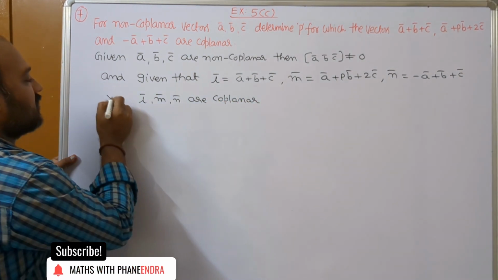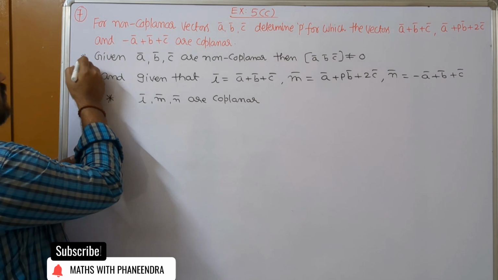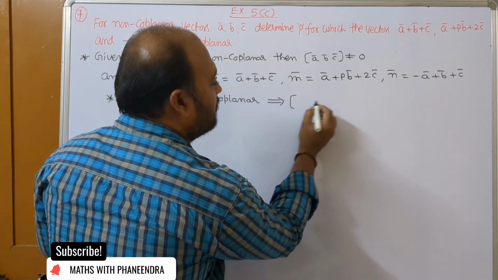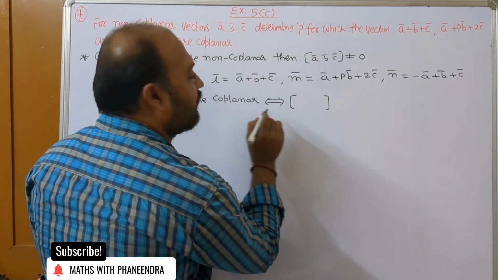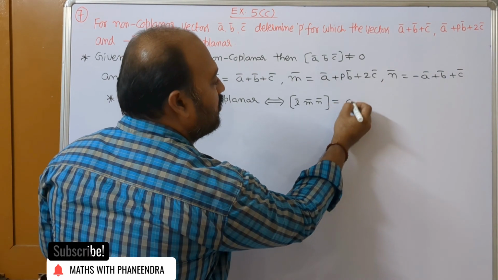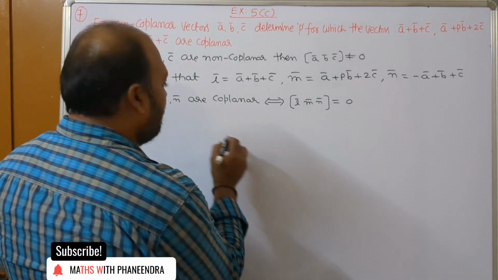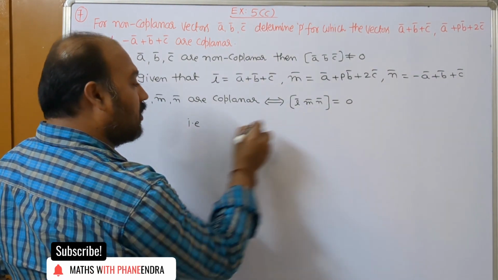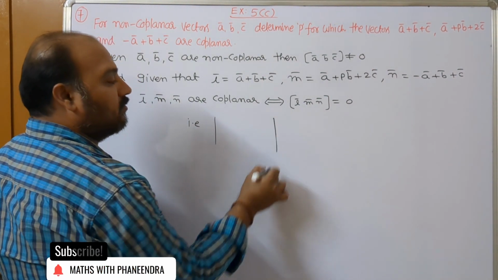Whenever three vectors are coplanar, their box of l bar, m bar, n bar is equal to 0. That is, box of element means what? Determinant of.